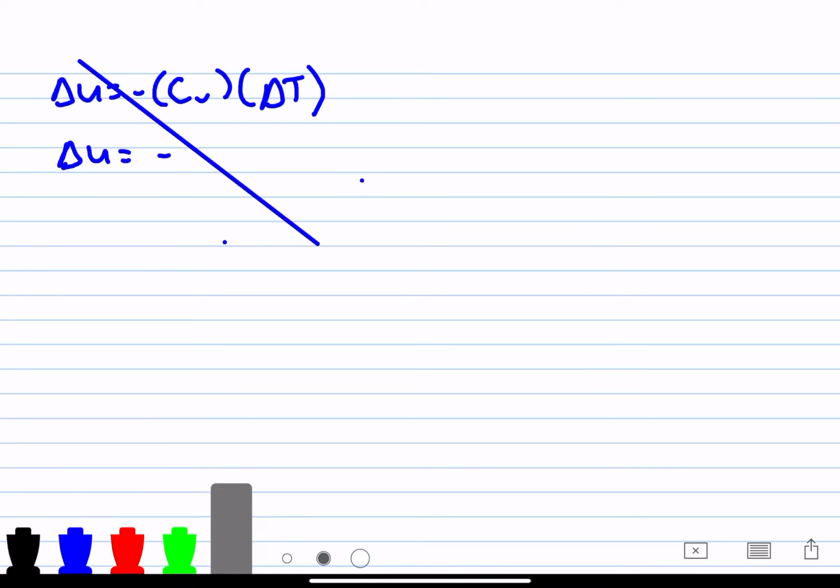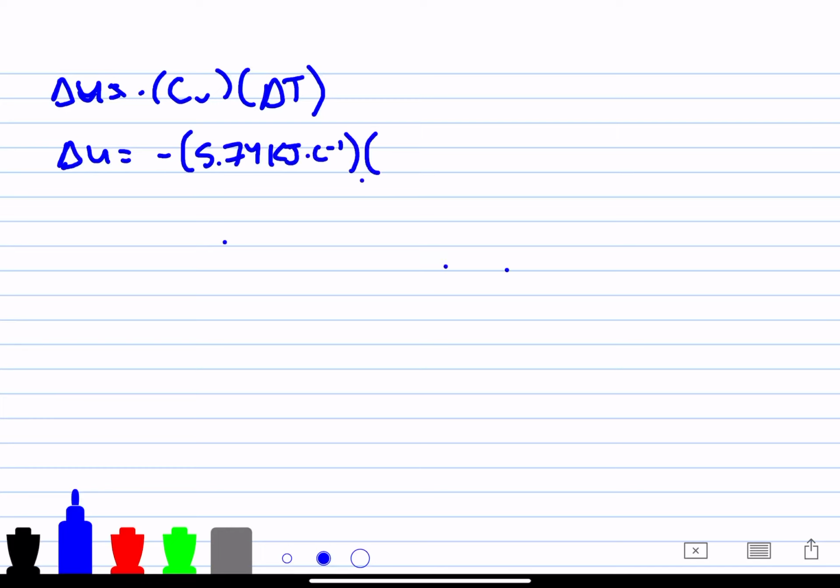So we didn't really talk about this a whole lot in lecture, but the equation we're going to want to use here is delta U is equal to the opposite of the heat capacity of our calorimeter times the delta T. So delta U is going to be equal to negative 5.74 kilojoules per degree Celsius times our change in temperature.